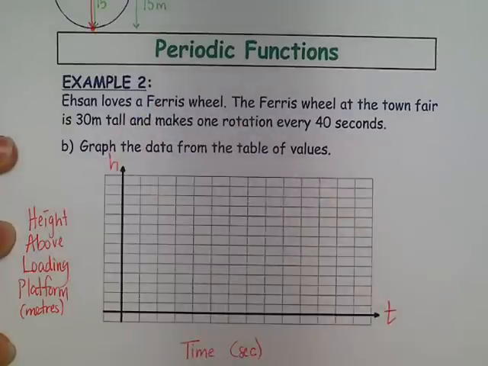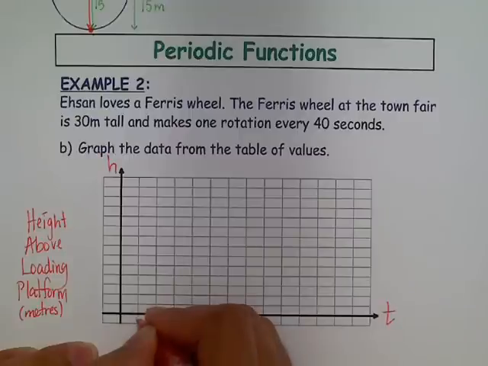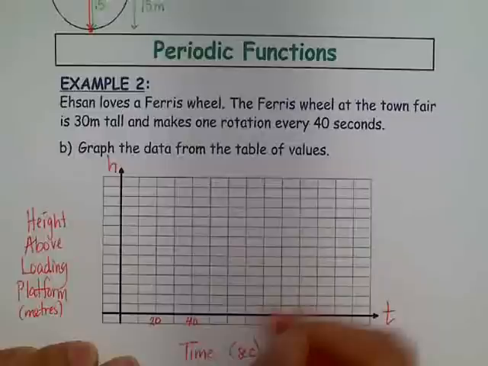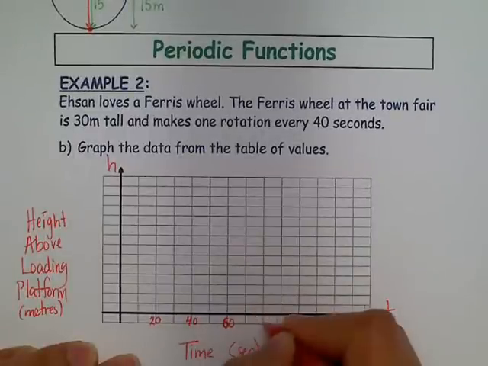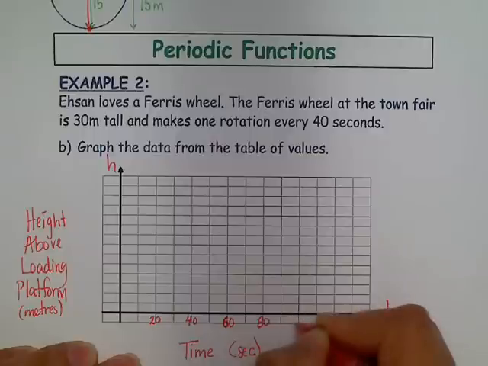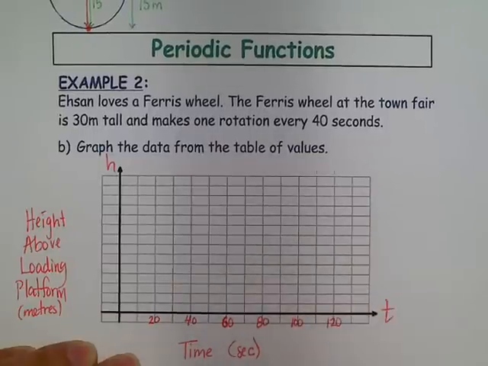And I'll put H at the top to represent height. So I need to make sure my time values go up to 120 seconds. So I'm going to probably use a scale of tens. So that's 10, this would be 20, and so on, 60, 70, 80, 90, 100, 110, and then 120.